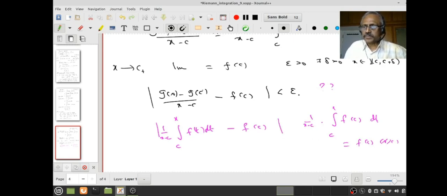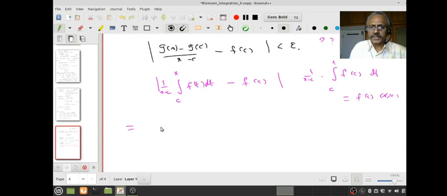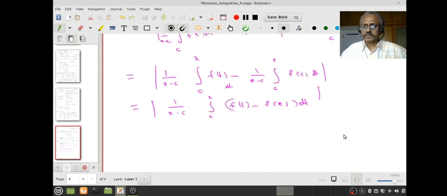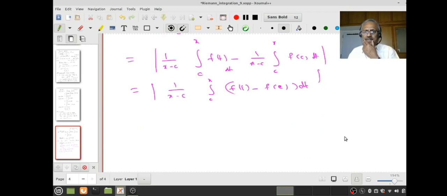So the upshot of what I am saying is the following. This is an important trick. I request all of you to learn it well. It is the modulus of 1 by x minus c integral c to x of f of t dt minus 1 by x minus c integral c to x of f of c dt. But by linearity of the integral, this is 1 by x minus c into the modulus of integral c to x of f of t minus f of c, the whole thing dt.